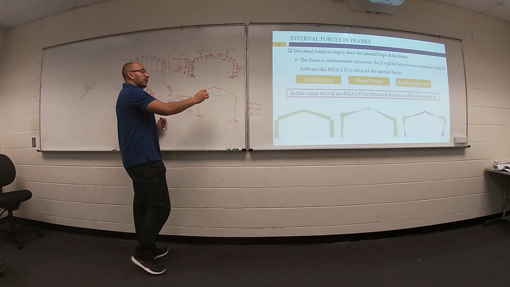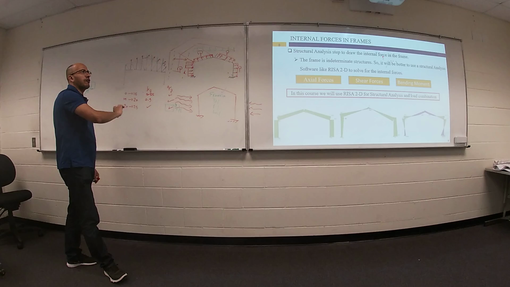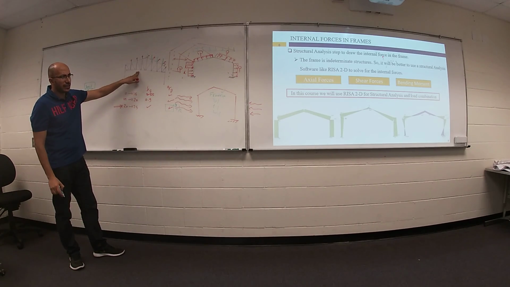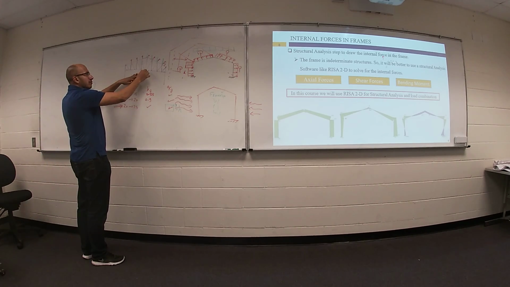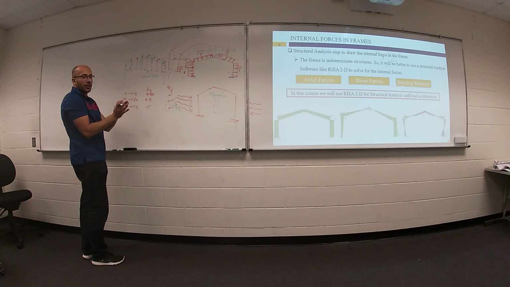But if you solve your frame, anybody remember from last semester, what are the internal forces in a frame? We remember internal forces for truss, only one internal force. Which one? Axial force, or normal force, which is tension or compression.